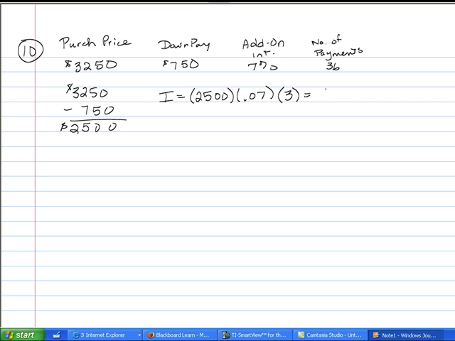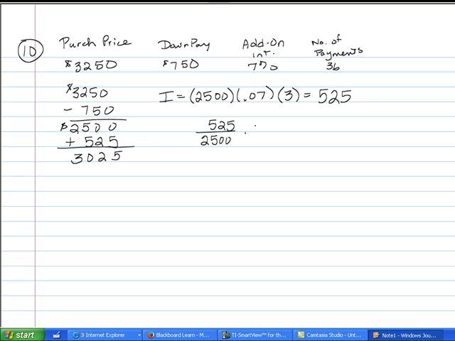So, what are we asked to find? Oh, we're asked to find the APR. Okay, so we want to take the finance charge and divide it by the amount financed, which is the $2,500, and multiply by 100. So we're going to get 525 divided by 25, which is 21. So that's per $100 financed.